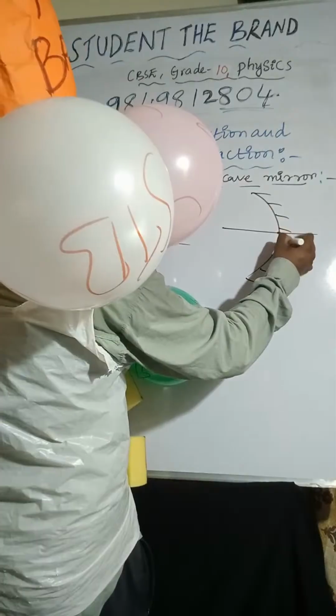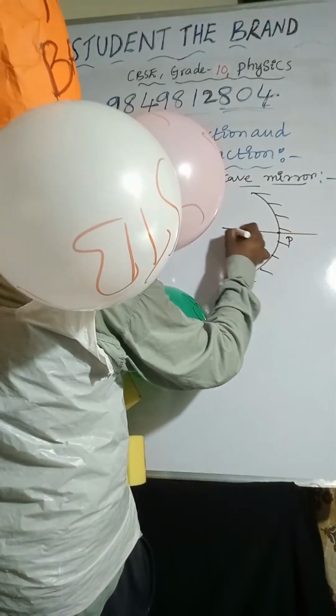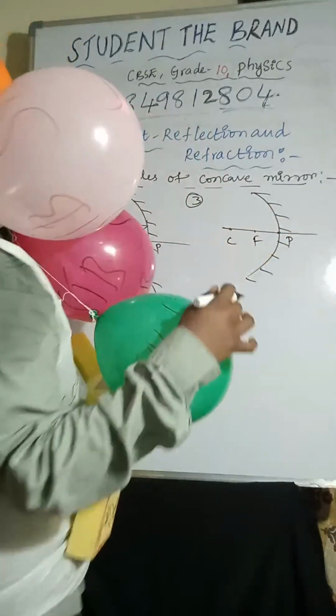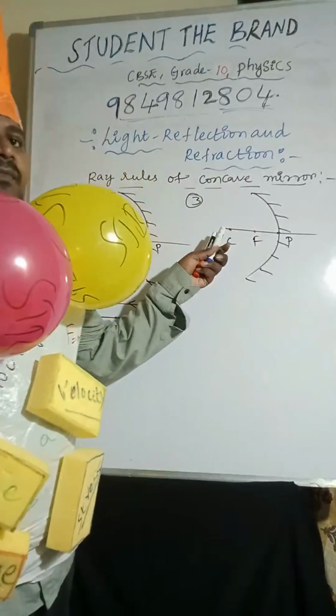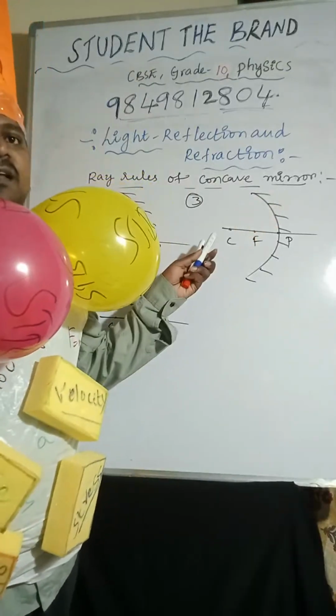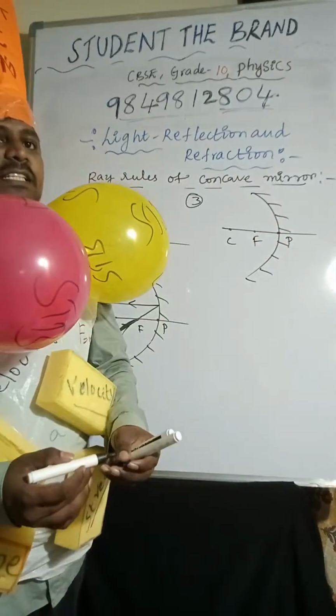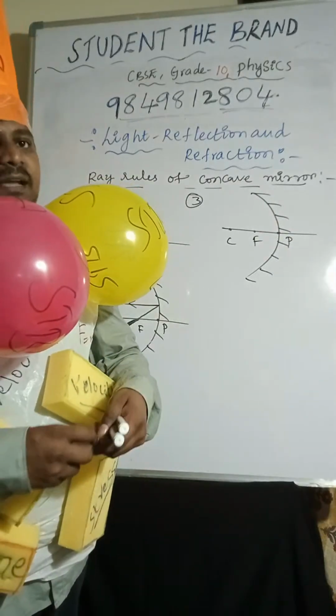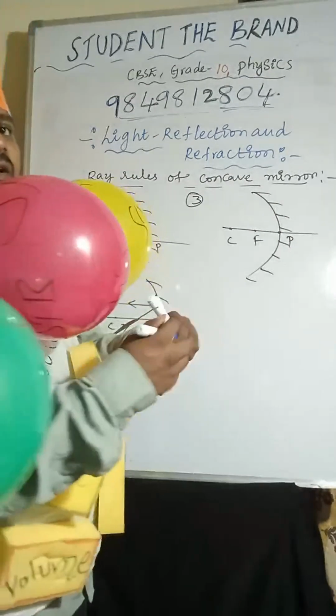Pole, focus, center of curvature. Here you can observe if the light ray is passing through center of curvature, it retraces its original path, moves in the same direction.